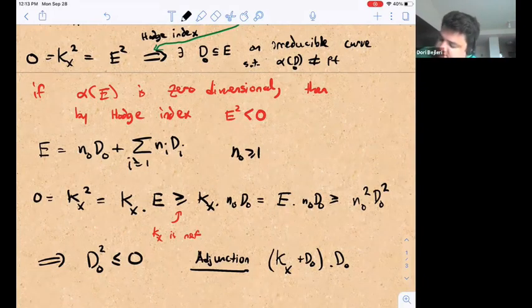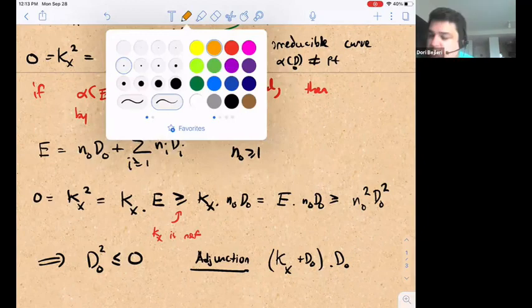Kx dot d0 here is less than or equal to 0, but because kx is nef, that actually means it has to be equal to 0.